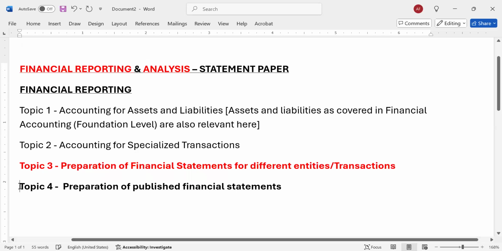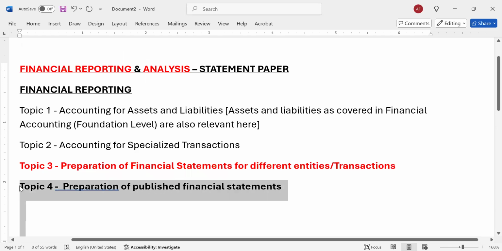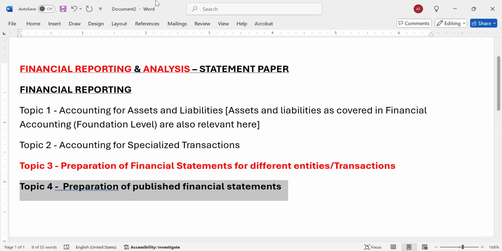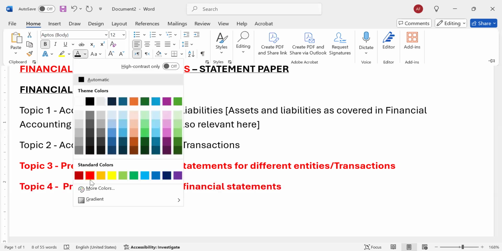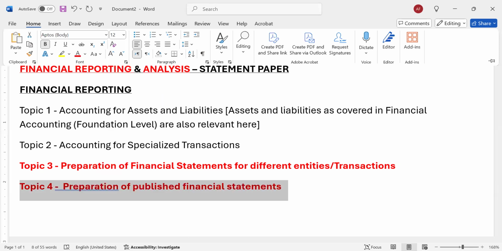So this is another area that, if I told you to look at it from the angle of exams, you will never miss. You will never miss these concepts in your exam.